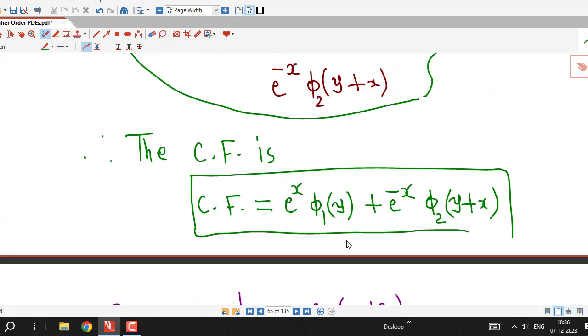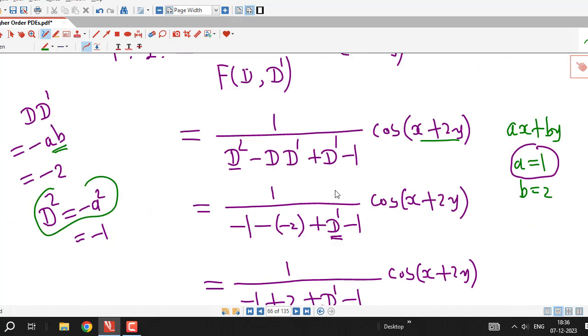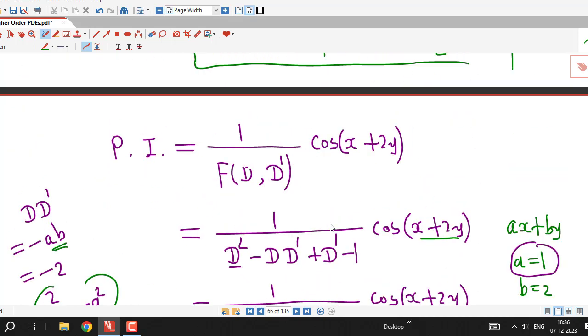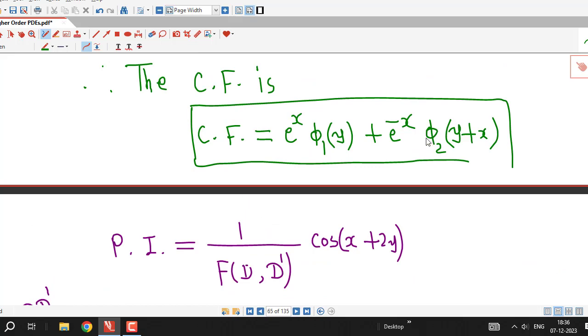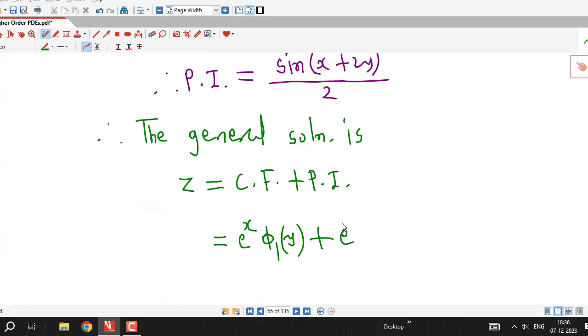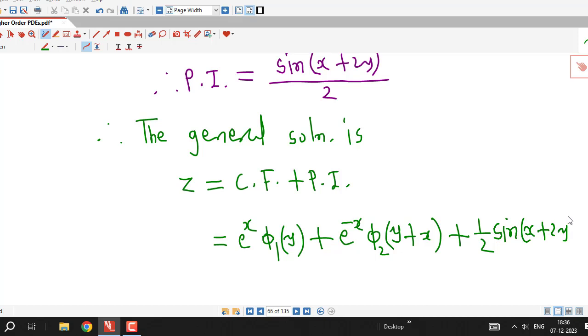So what is complementary function? e raised to x times arbitrary function of y, plus we have another function e raised to minus x times arbitrary function of y plus x, plus 1 by 2 times sine of x plus 2y.